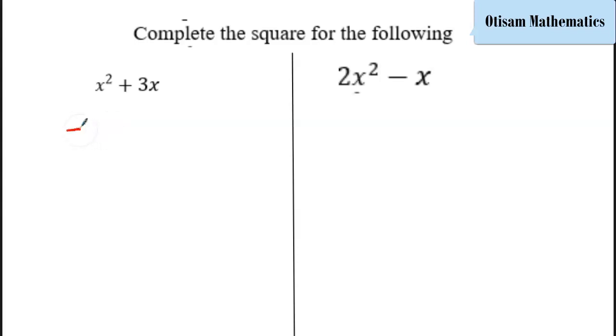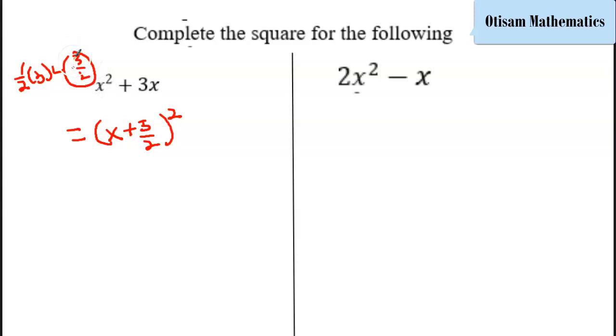So this is the same as 1x. Now the coefficient of the middle term is 3. So half times 3 is equal to 3 on 2. So plus whatever you get, 3 on 2, then you square it.